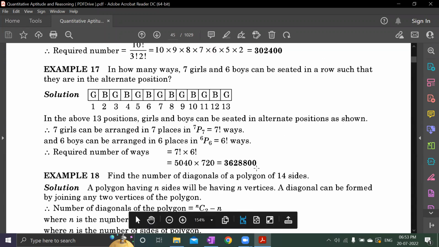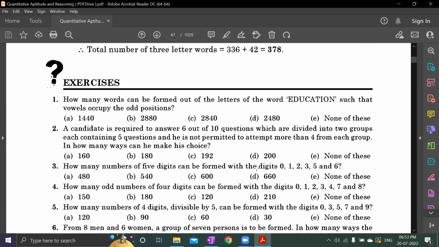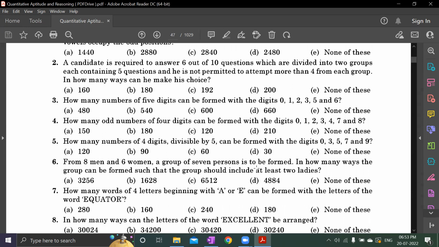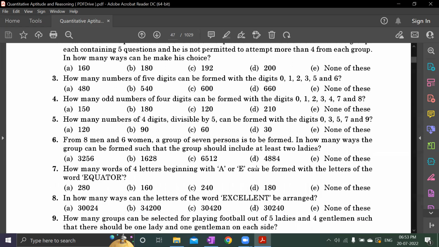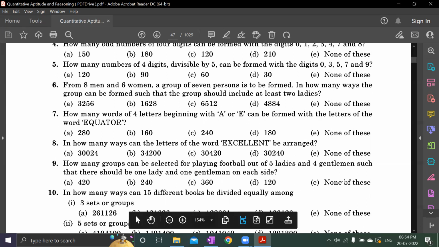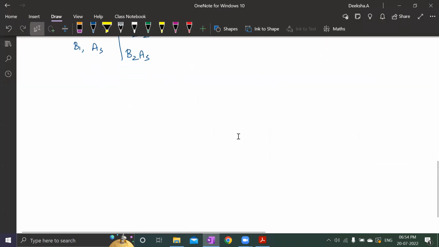Anyways, we will... okay, right. So now these are the basic principles of counting.